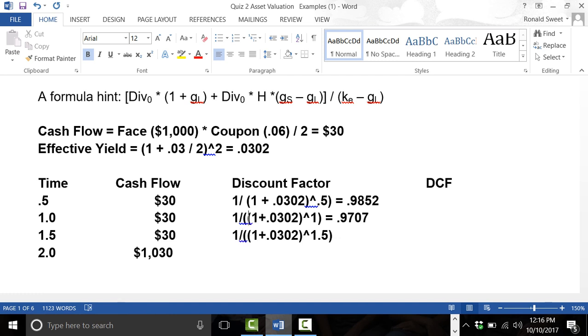Make sure you add the 1 plus 0.0302, then raise that to the power, and then divide that into 1. You might want to practice that to make sure you're getting exactly the right number. And then the last one is 1 divided by 1 plus 0.0302, and this time raised to the second power. That one equals 0.9564, and then the last one is 0.9422.